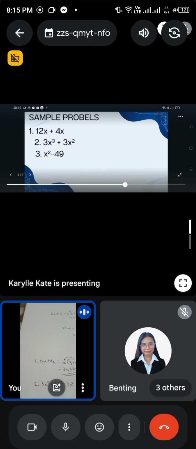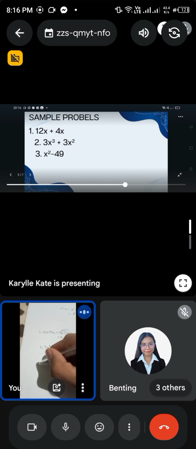So we're going to take out the x squared. What is outside the parenthesis is 3x squared, and what is inside is x plus 1. Let's try if we are right. Let's distribute this. This will lead us to 3x cubed plus 3x squared. So again, we are right with our factoring method.